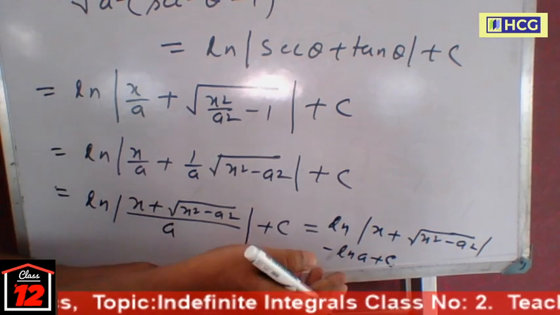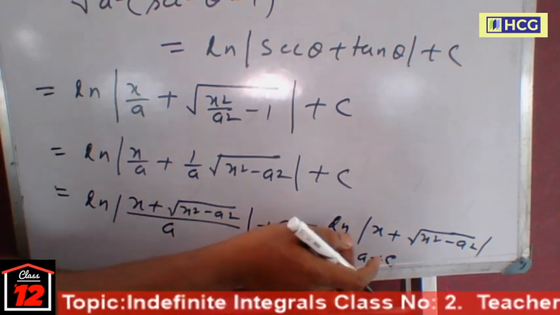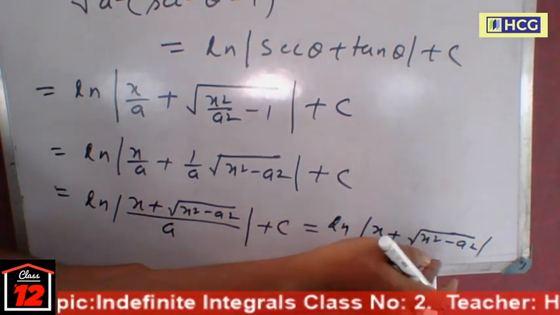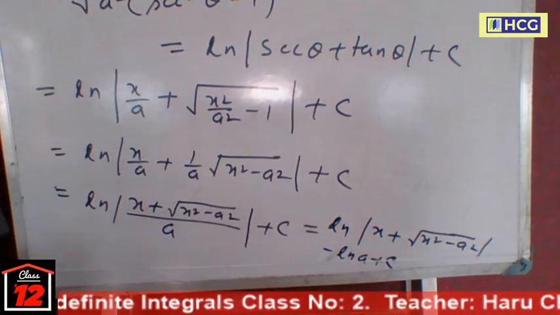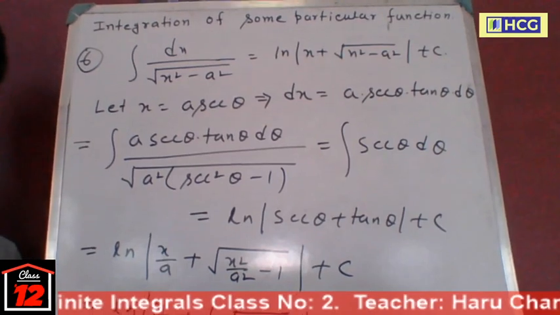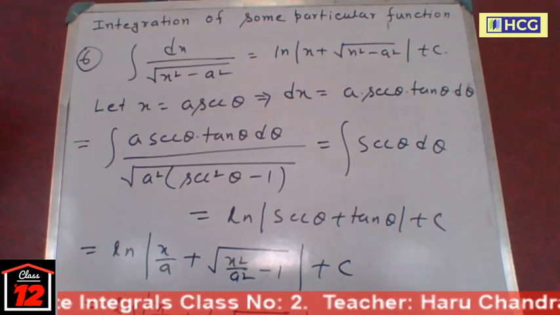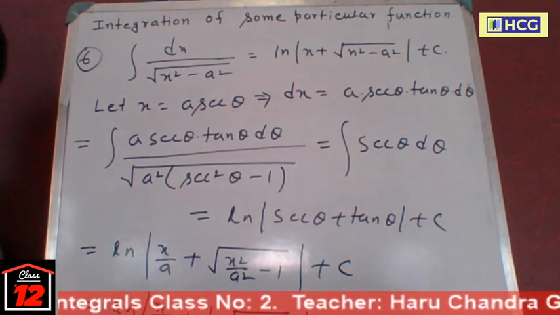Minus ln a plus c is a constant, so we write it as another constant. So this is equal to ln x plus square root x square minus a square plus c. Proved. Okay, prove the result, and the remaining results are the homework. Okay, thank you.